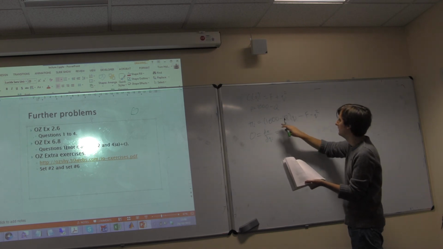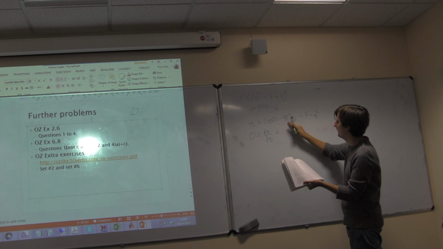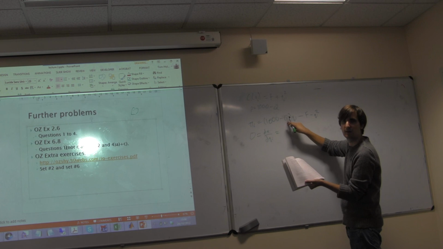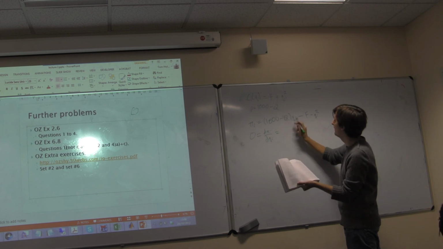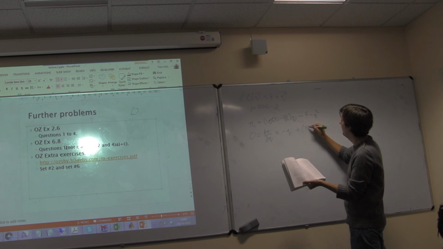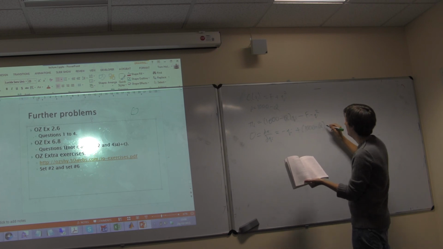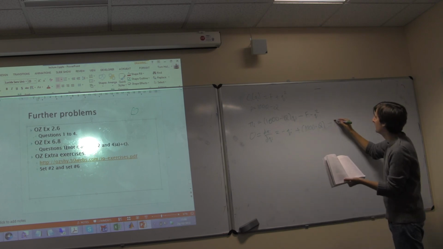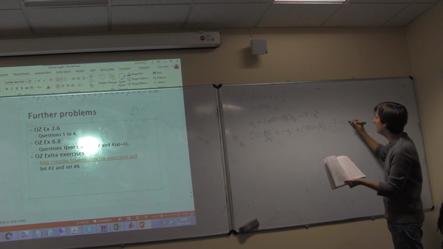The derivative of big Q with respect to little q is 1, so you get minus qi plus (1000 minus big Q) times 1, minus f, minus the derivative of qi squared, which is 2qi.